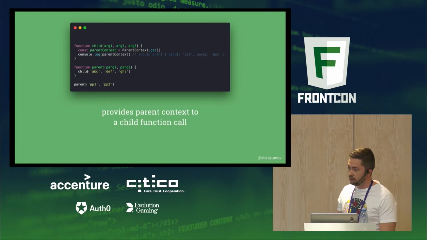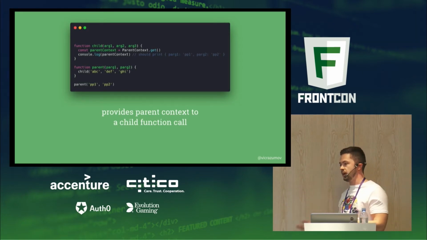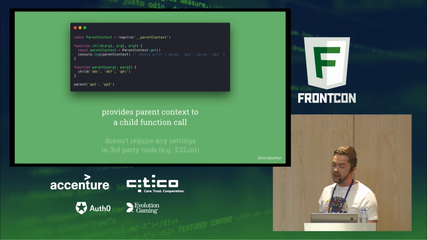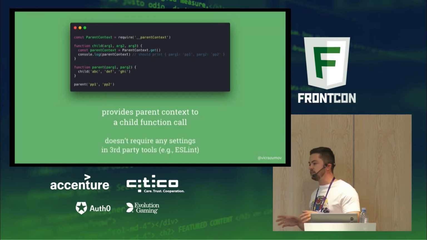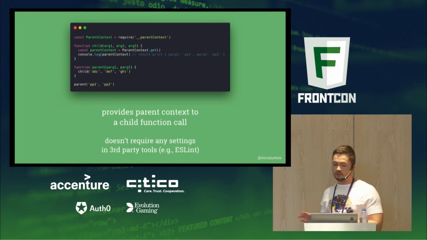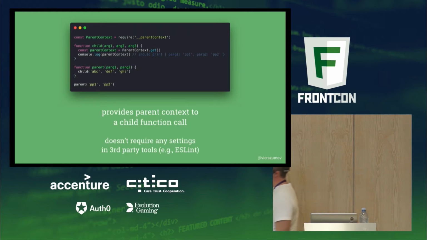And I want my functionality to be completely isolated inside my plugin. So I don't want to customize my linters' features. So the last step would be to actually define parent context and require a non-existing package, parent context. I know that there could be some collisions, but most probably not.